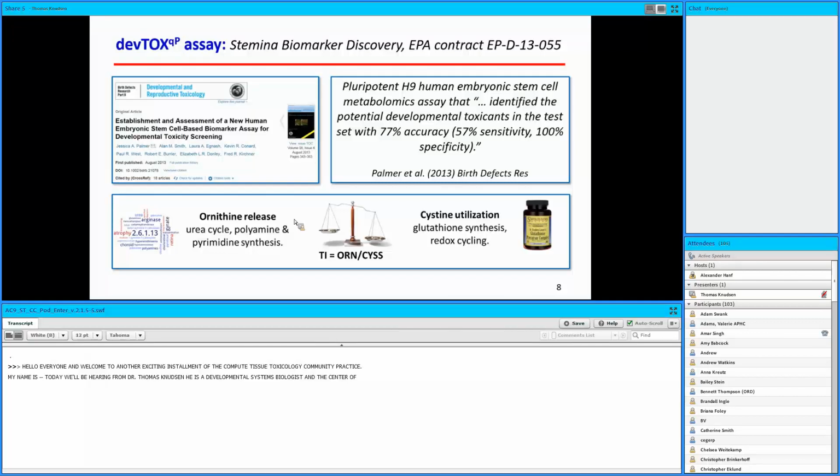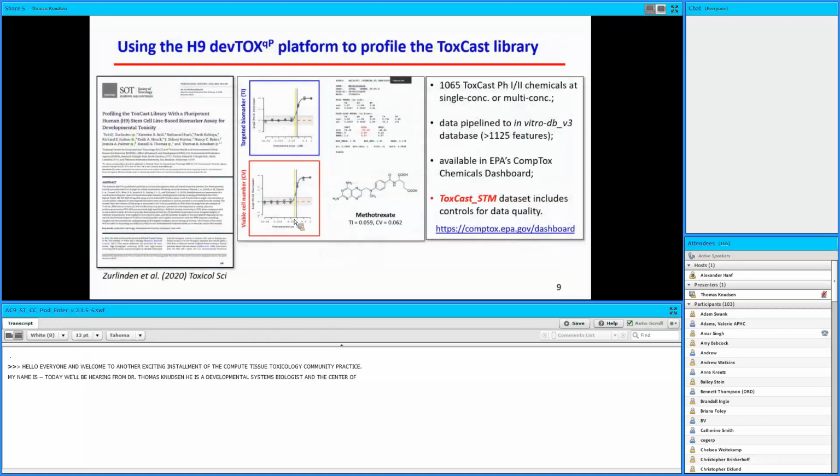So the teratogenic index, as was originally defined, is the concentration of a chemical or drug that caused a drop in the ornithine to cystine ratio to a critical level of 0.88.